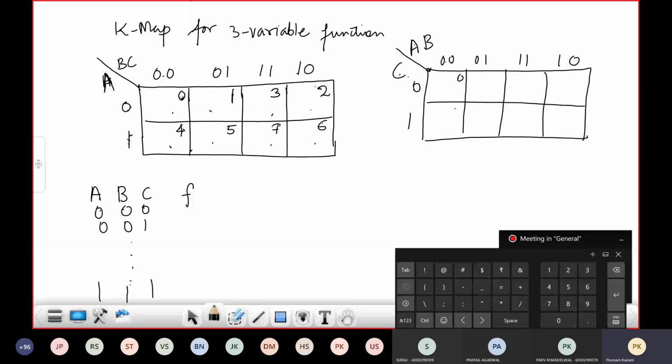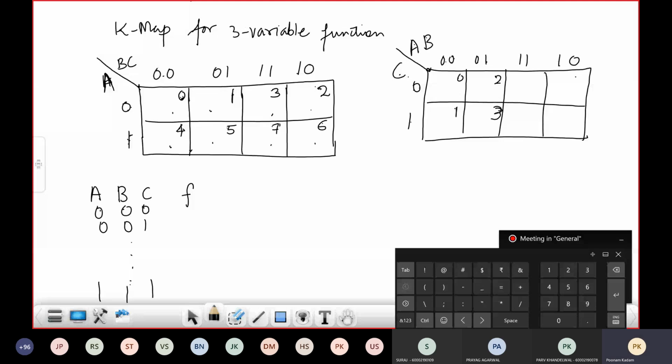It is 0, 0, 1, so it is 1. Next one, 0, 1, 0. So this is 2. I hope it is clear how I'm writing the minterm, right? You have to look at the column label, and then the row label in this case. So 0, 1, 1. It is 3.